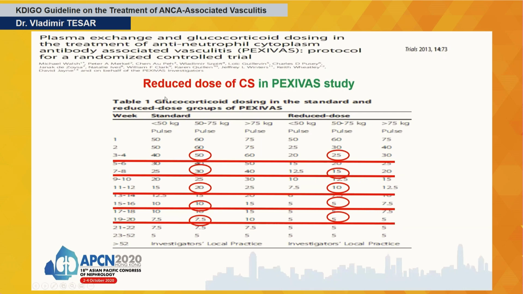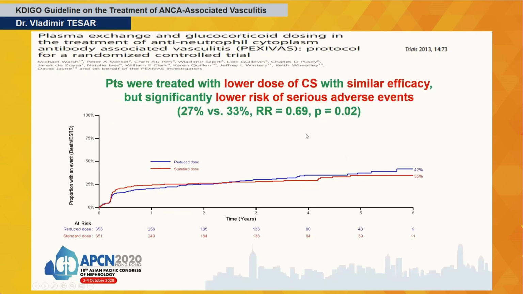And in the PEXIVAS study recently, 2 corticosteroid regimens, the traditional high dose and a reduced dose with much quicker tapering of corticosteroids, were compared. Fortunately, it was shown quite persuasively that lower doses of corticosteroids in this induction phase are associated with similar efficacy, but significantly lower risk of serious adverse events.